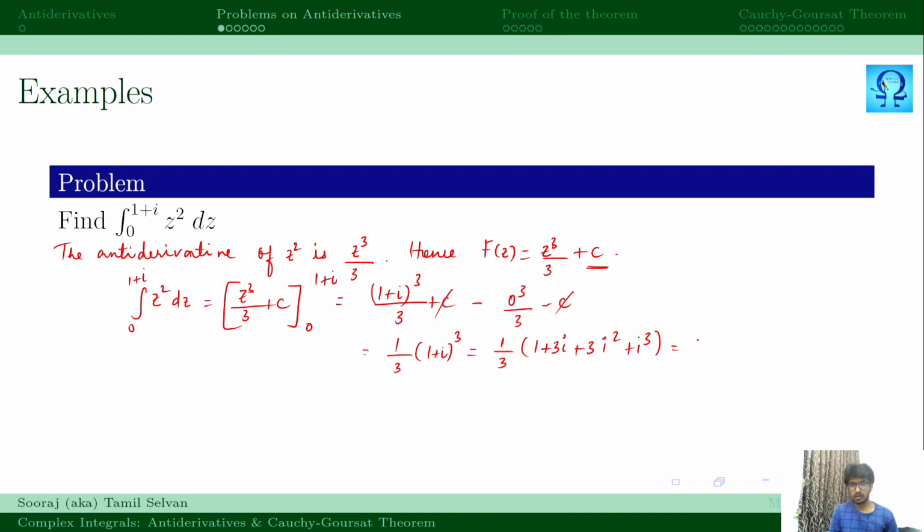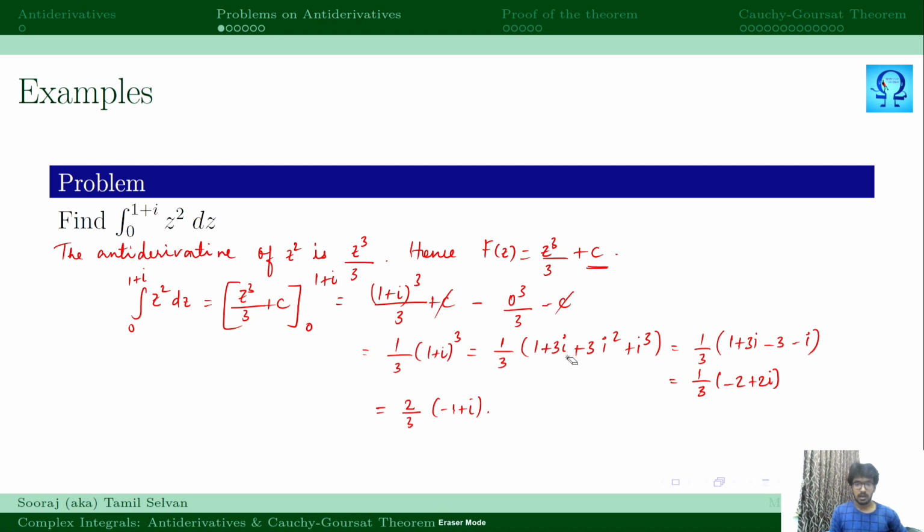When you calculate this quantity, this is 1 plus 3 iota minus 3 minus iota. So this becomes 1 upon 3 times minus 2 plus 2 iota. You can take the 2 outside, so this becomes 2 upon 3 times minus 1 plus iota. This is the integral value.